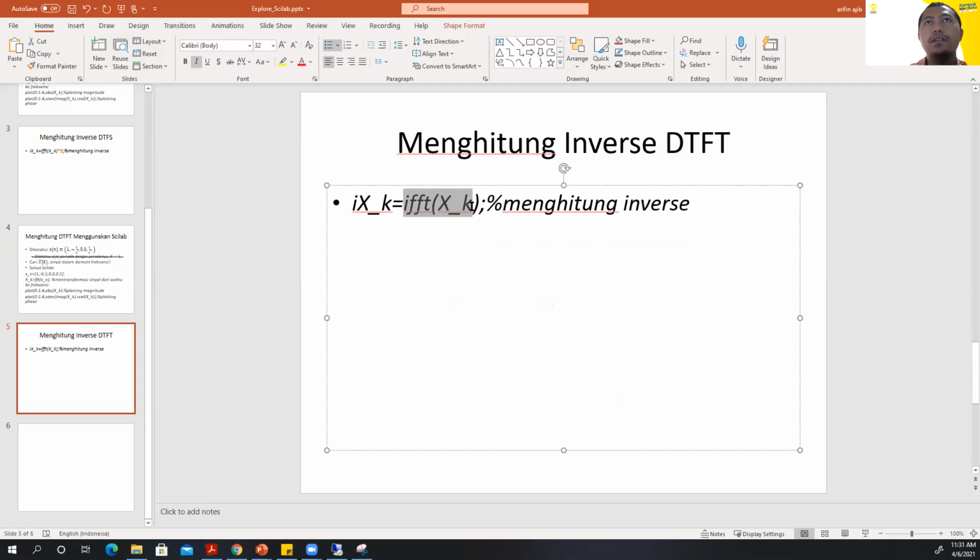It's similar, but again there is no multiplier, no times the periodicity. Simple. Okay, any question? No question?